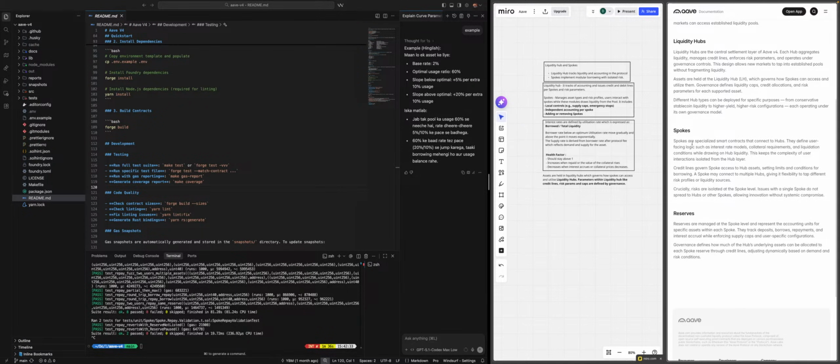So they are specialized contracts which define logic such as interest rate models, collateral requirements and liquidation conditions while drawing on hub liquidity. Okay, which is cool.